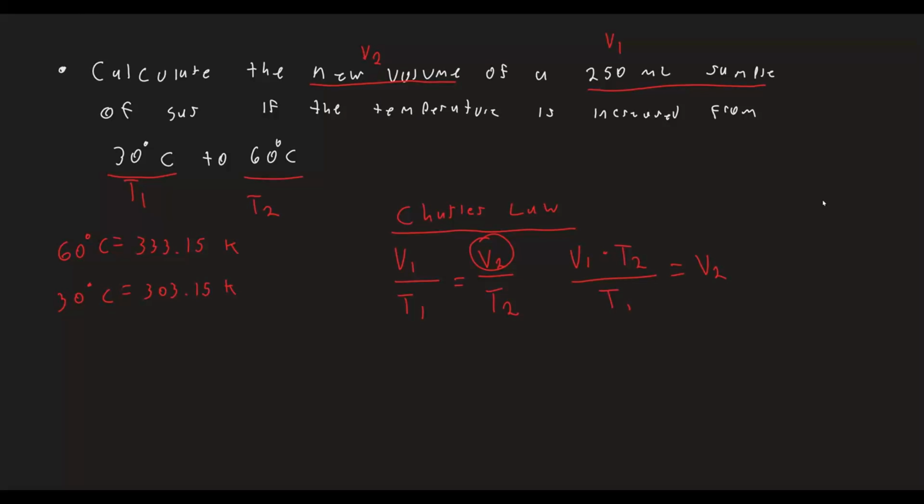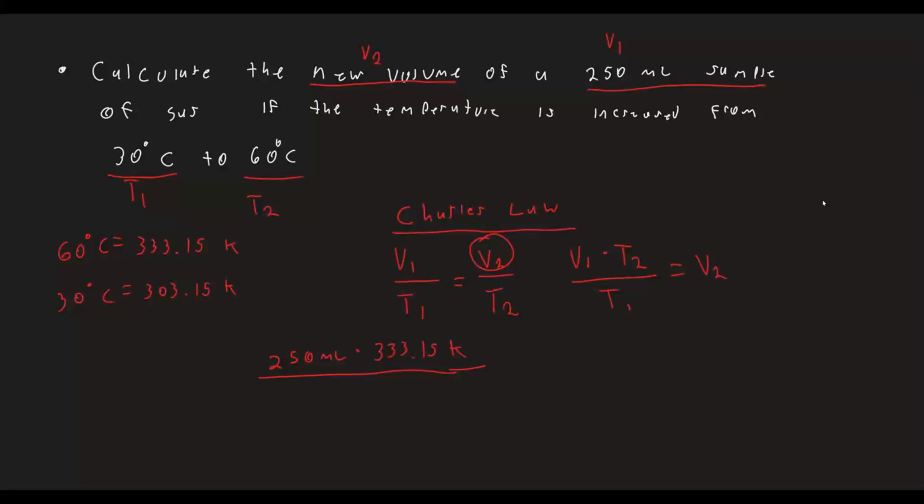So we have 250 milliliters for our V1 multiplied by our temperature 2. And our temperature 2 is 60C, which means it's 333.15 Kelvin.